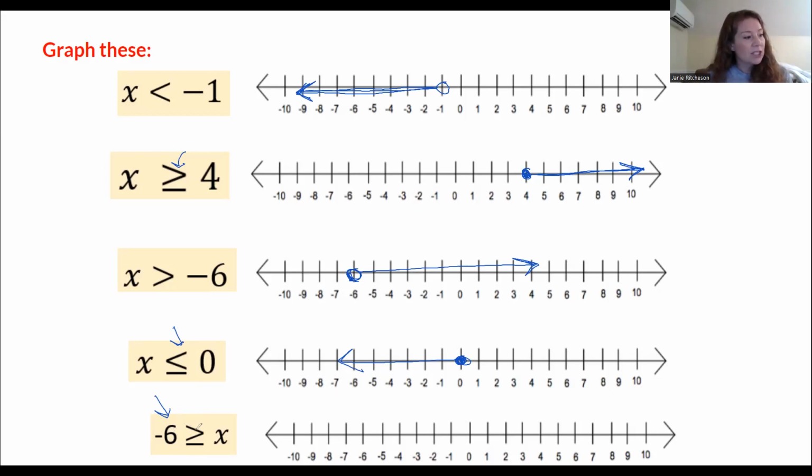If -6 is greater than or equal to x, that means x will be less than or equal to -6. You can't just rearrange the 6 and the x. You have to flip this whole thing around, okay? These two statements now match. And now when I graph it, since my variable's on the left, I know exactly which way my arrow points.